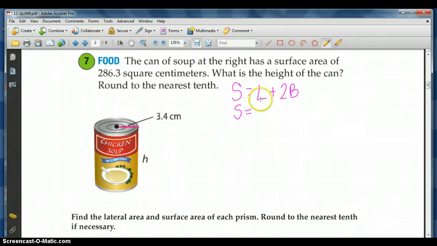So lateral area would be perimeter times height, and the perimeter of a circle is its circumference, so circumference times height.